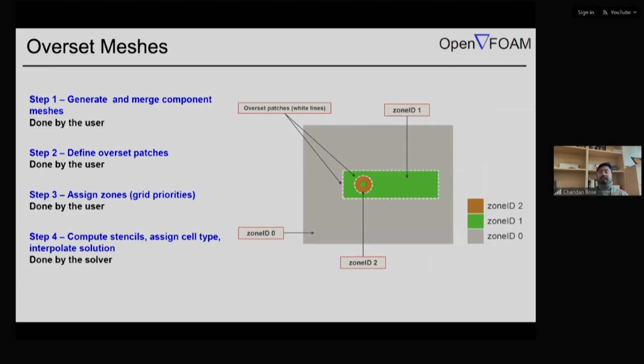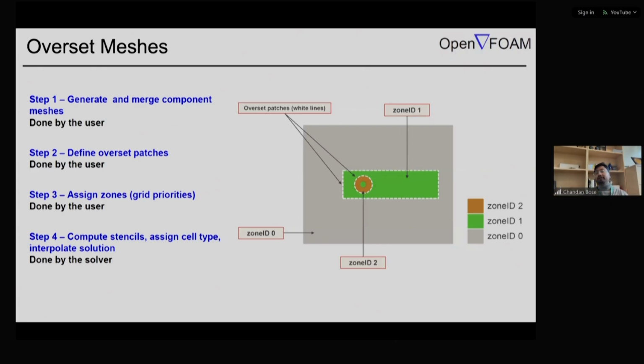All right. So as I said, there is a workflow for using overset mesh. We can generate different component meshes and then merge them. Then we have to define the overset patches, which you can see here in the white dotted line. These are the overset patches where the interpolation happens. Then we have to assign priority. The cylinder mesh here has the higher priority, because we are interested in resolving the flow around the cylinder.